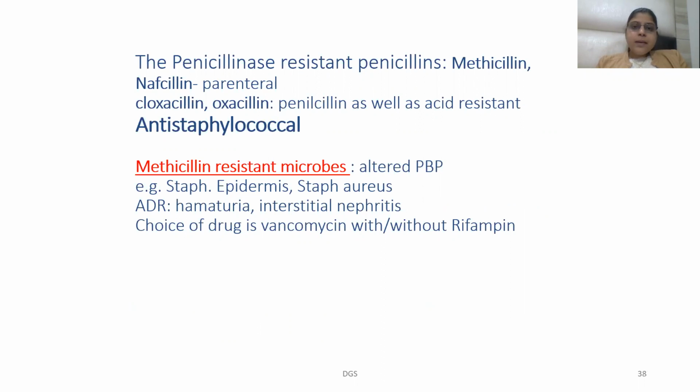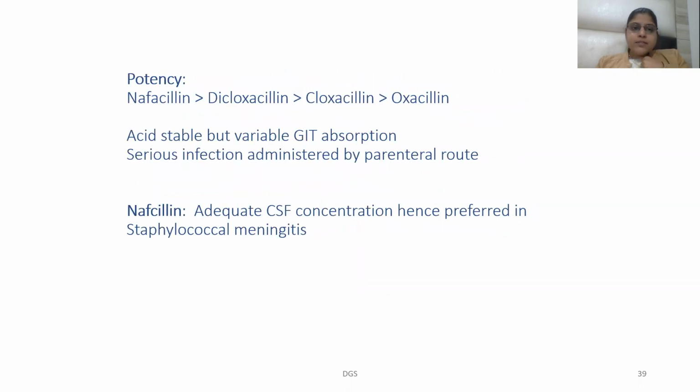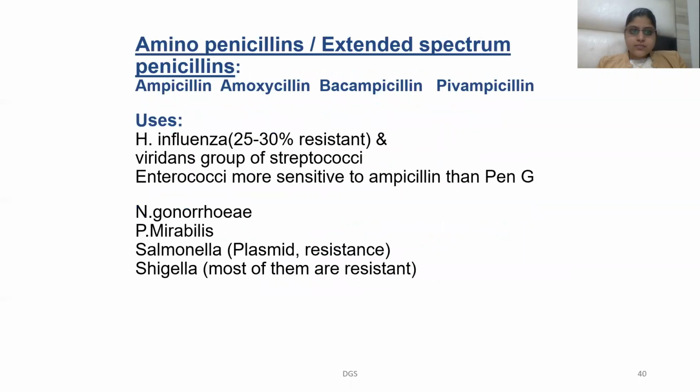These are penicillinase resistant as well as acid-resistant anti-staphylococcal penicillins: methicillin, nafcillin. Nafcillin is more potent than dicloxacillin, cloxacillin, and oxacillin. It is stable but has variable GIT absorption. Nafcillin achieves adequate CSF concentration, hence preferred in staphylococcal meningitis.